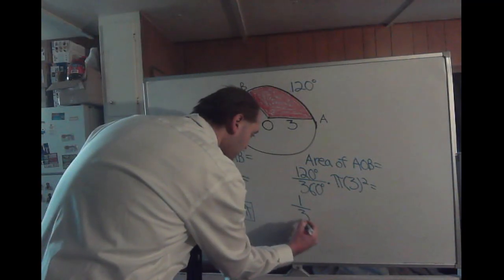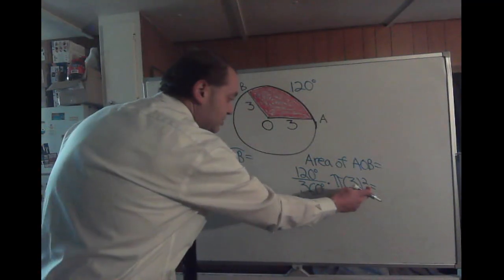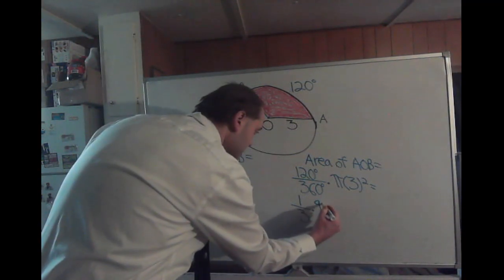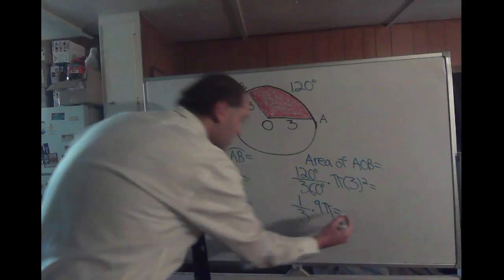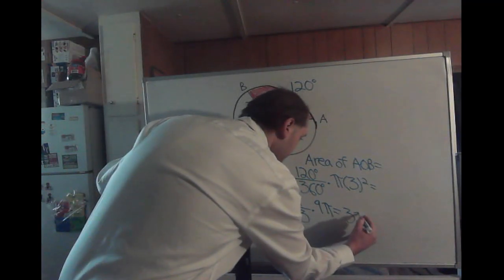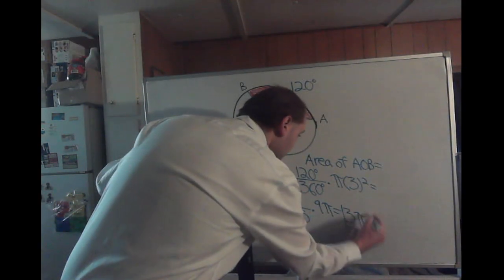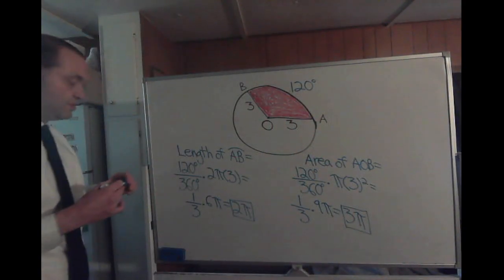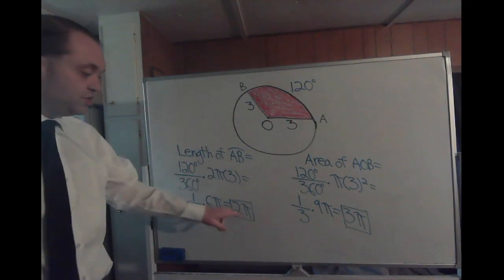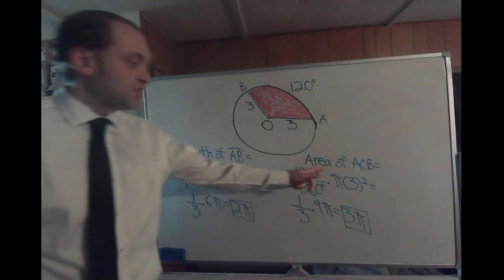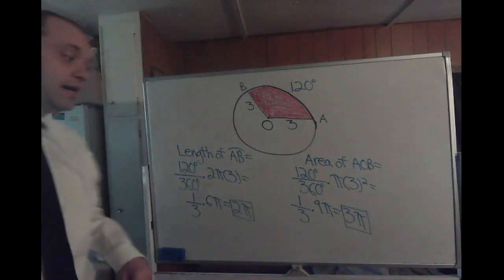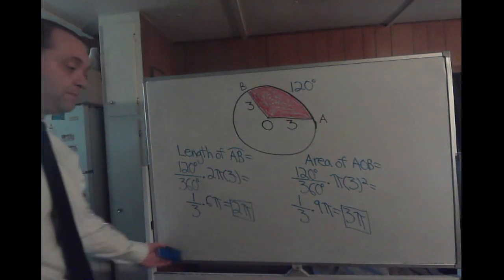That'd be 1/3. Now 3 squared is 9, so that'd be 1/3 times 9 pi, which would end up giving you that the area of sector AOB is 3 pi. So the length of arc AB is 2 pi. The area of sector AOB is 3 pi in this case.